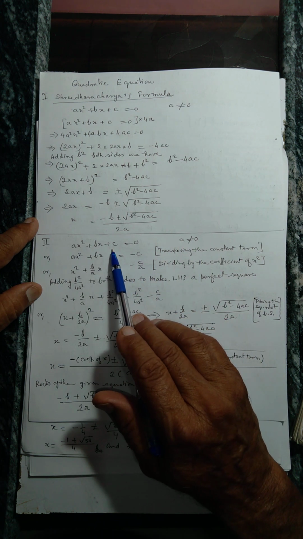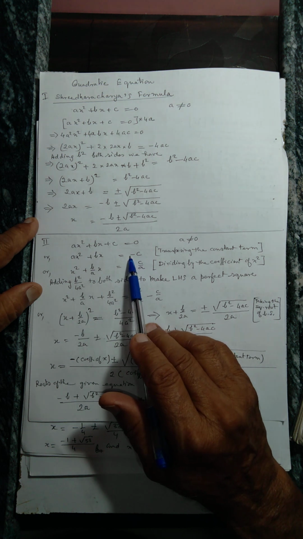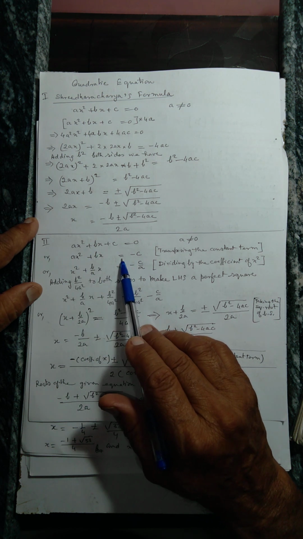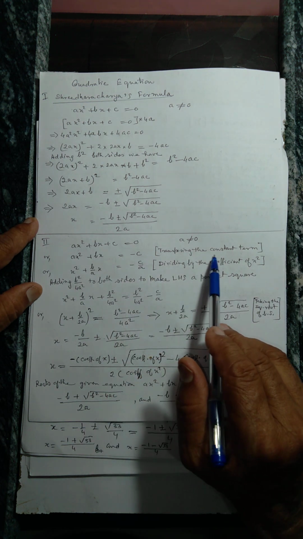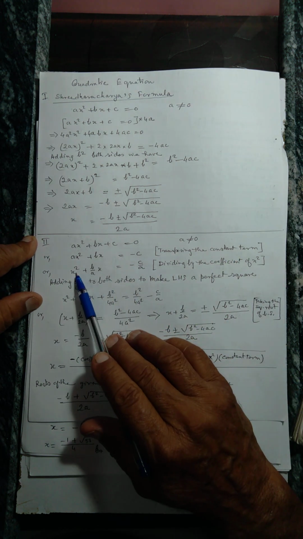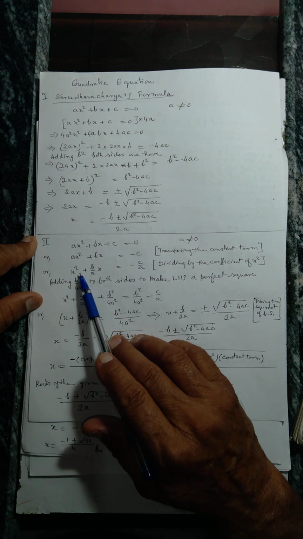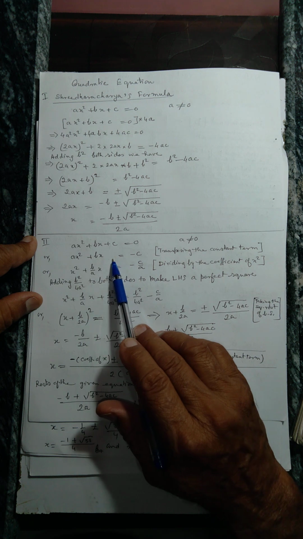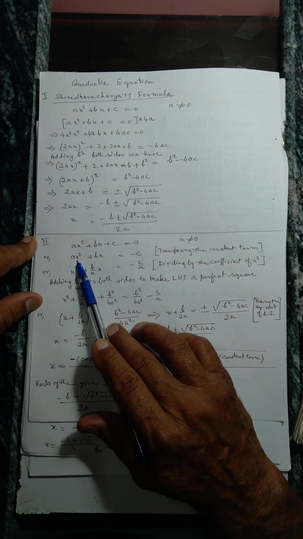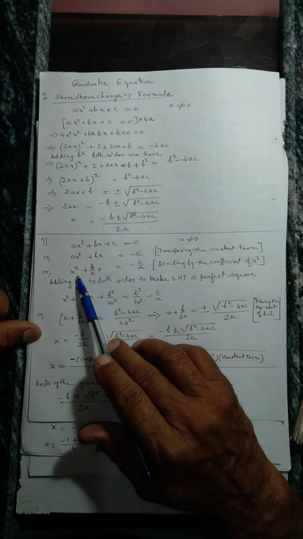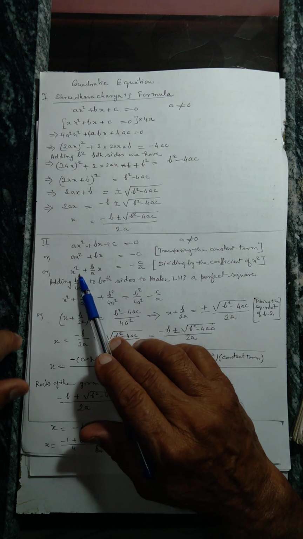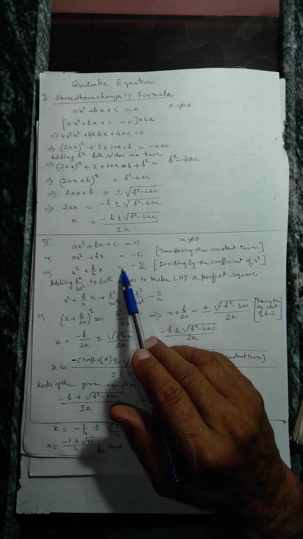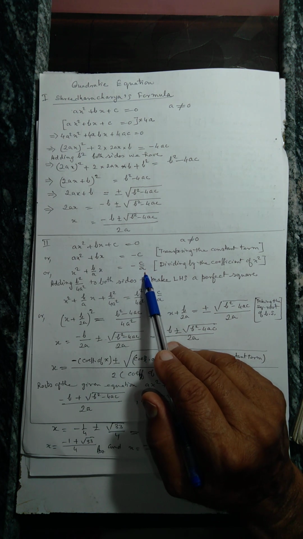So the constant term should be transposed to the right hand side. You see, ax square plus bx equal to minus c, transposing the constant term. Now dividing all the terms by the coefficient of x square, we will get x square plus b upon a x equal to minus c by a.